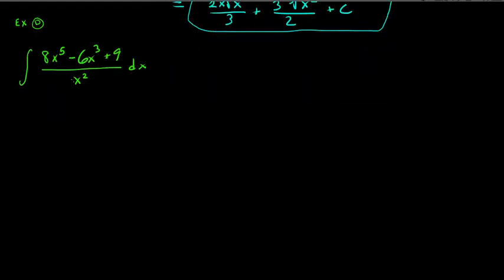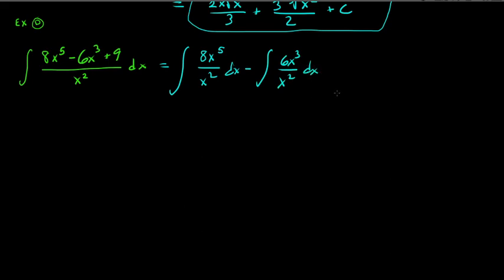Notice the denominator is just a single monomial term. And because of that, before we take the integral, right, so we still have to do the integral, but we can split this fraction up into the sum and difference of 3 fractions, right? We can write this as the integral of 8x to the 5 divided by x squared, dx, minus the integral of 6x cubed divided by x squared.